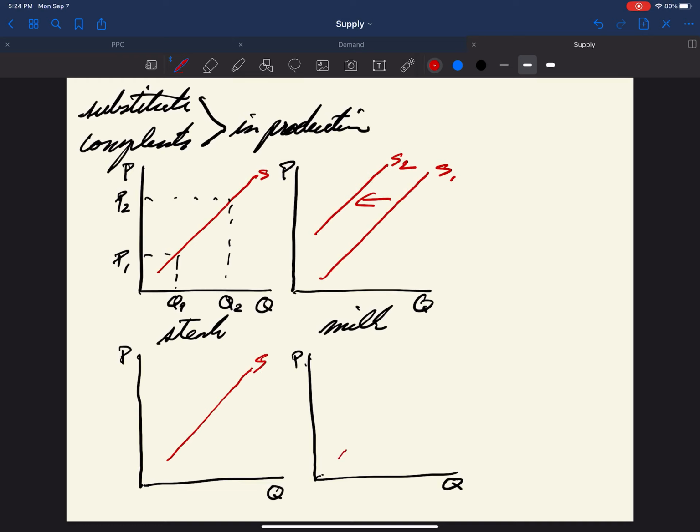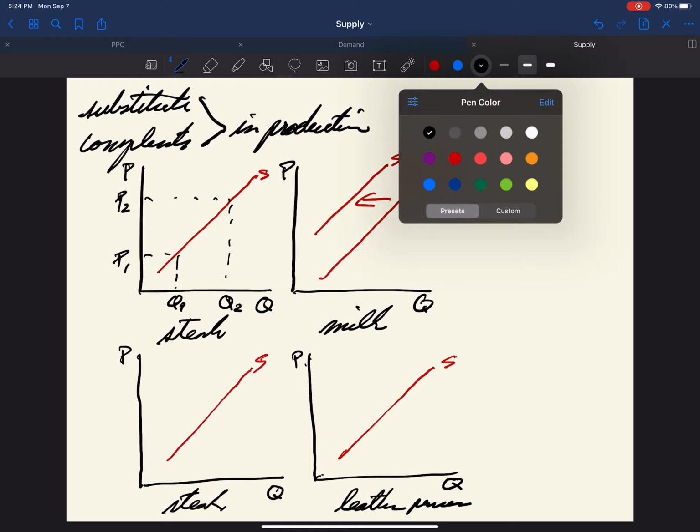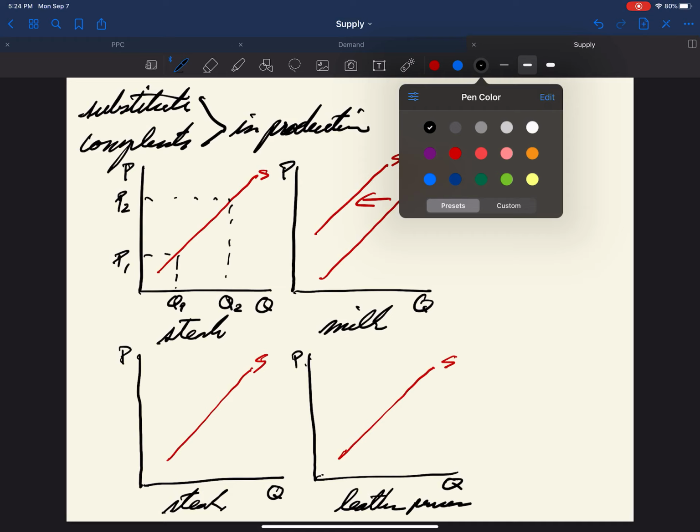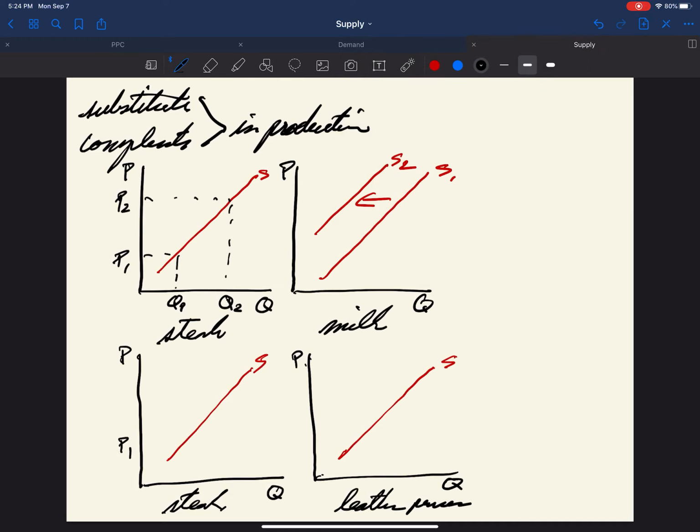So again, let's use steak as one of our goods. But this time, let's use leather purses as the other. Okay. So that being said, let's say that the price of steak increases, which means I'm going from P1 to P2, which ultimately means I'm going to produce more steak from Q1 to Q2.